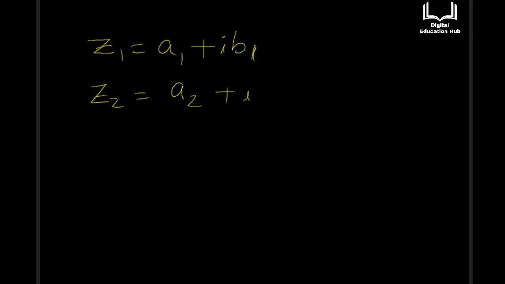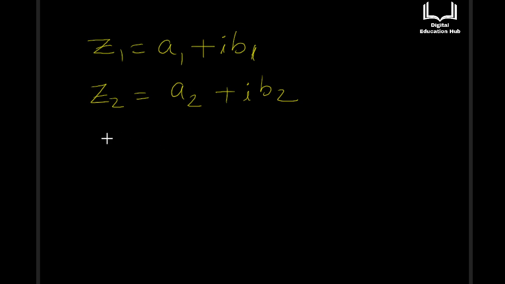Suppose I have one complex number as 2 plus 3i. So this is z1, or I can say that z1 is equal to a1 plus i b1, and the next complex number is a2 plus i b2.